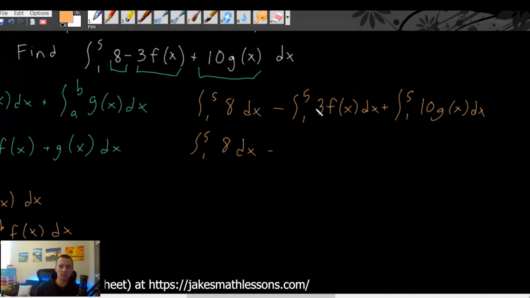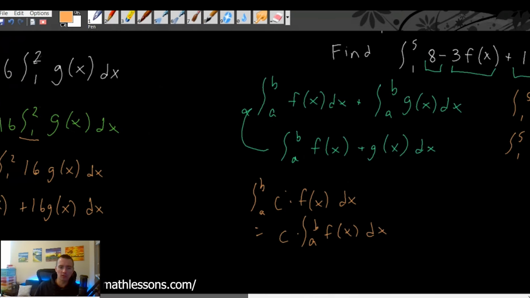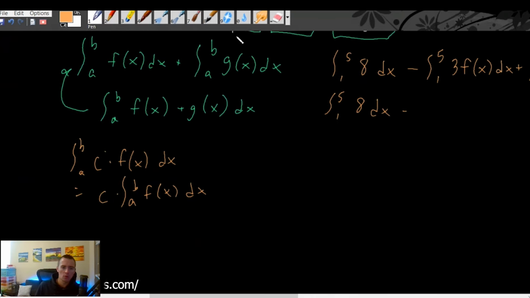But then we have this 3 times some function f of x. Well, if we look back to this integral property here, we should be able to go from this version of the property to this version, pull that constant out of the integral and have it times the integral out front.